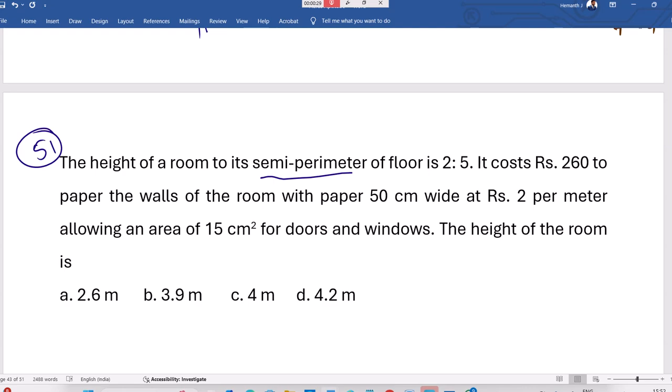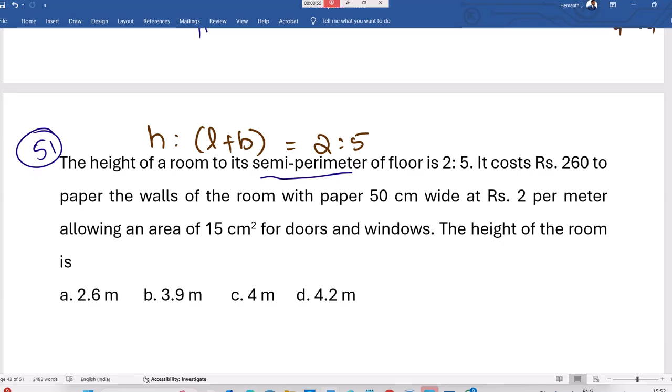Perimeter of the floor is 2 into L plus B. Semi-perimeter means L plus B. H with respect to L plus B is 2:5. Floor perimeter is 2 into L plus B. Semi-perimeter will be L plus B.